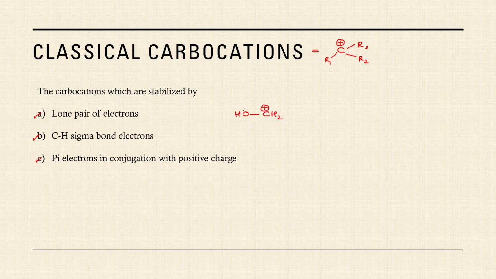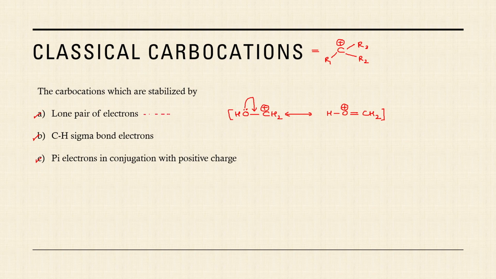If you look at this carbocation, then it is stabilized due to conjugation of electrons from oxygen, which results in the formation of this canonical form.